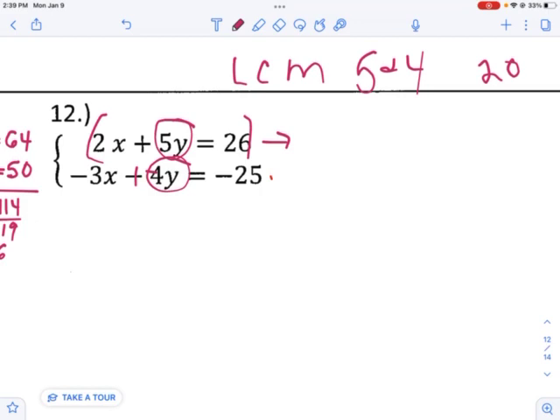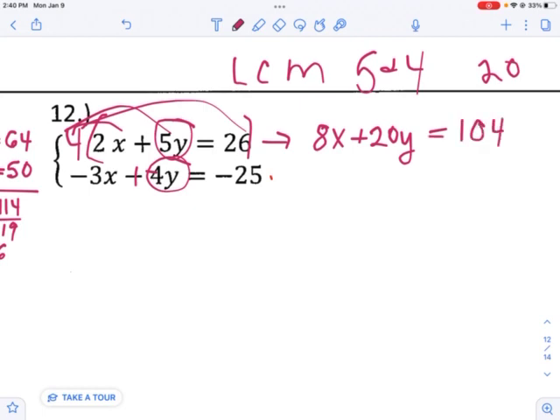You're going to get bigger numbers that you probably can't do in your head, and that's totally fine. All right, I got to multiply the bottom by 5. 5 times negative 3x is negative 15x. 5 times negative 4y is negative 20y. And 5 times negative 25 should be negative 125.